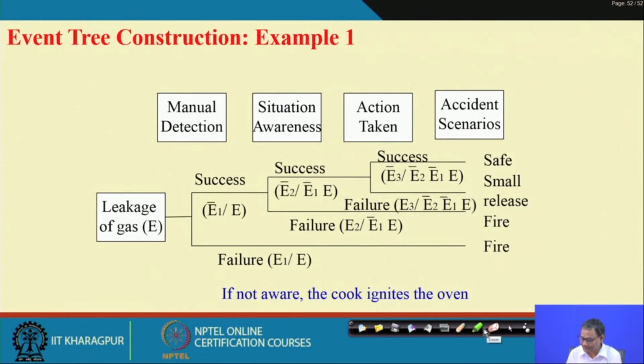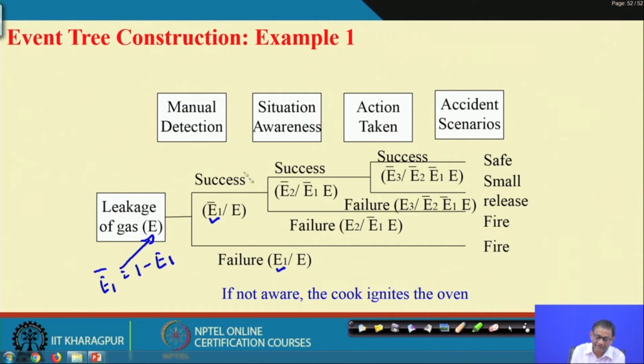Let us see this one. Suppose the event is leakage of gas, E, with success and failure. Suppose failure is E1 here, success will be E1 bar. Why E1 bar? Because E1 bar equals 1 minus E1, since this is the binary case, either it will be successful or it will be a failure.